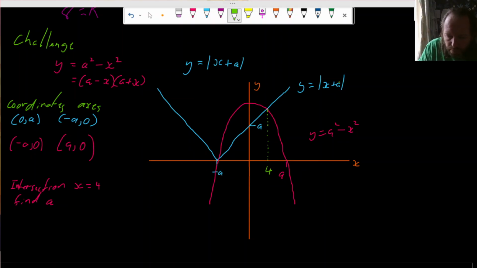Well, what can we do with that? We can say that the y, the pink, is a squared minus 4 squared, and that is equal to the blue. Now we're on the positive of this, so it's going to be the 4 plus the a, for us to solve.